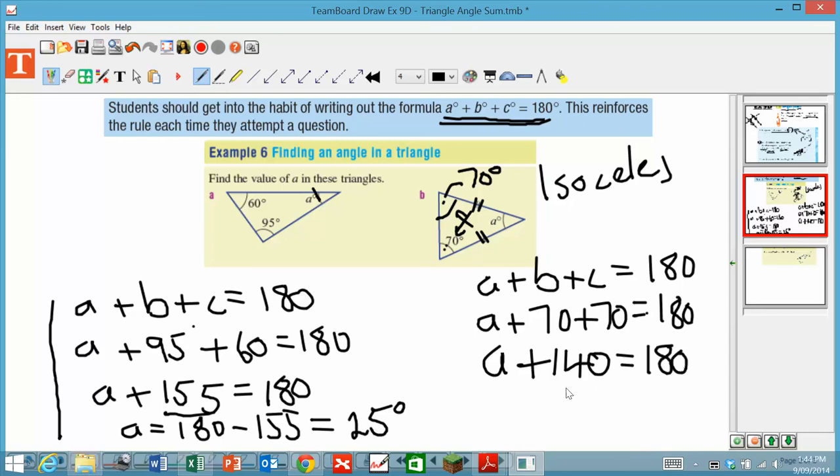So again, I've got 140 degrees already of 180, so I just need to subtract that. So A equals 180 minus my 140, so my angle A is going to be 40 degrees.